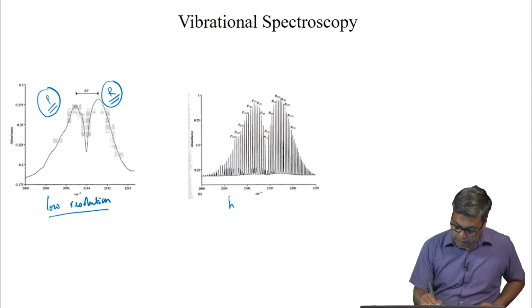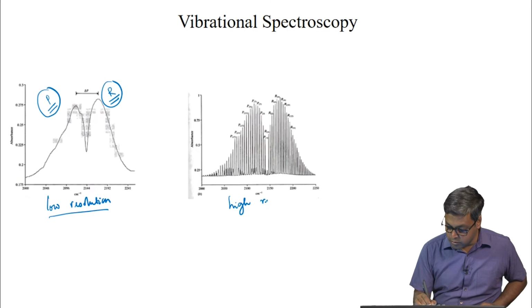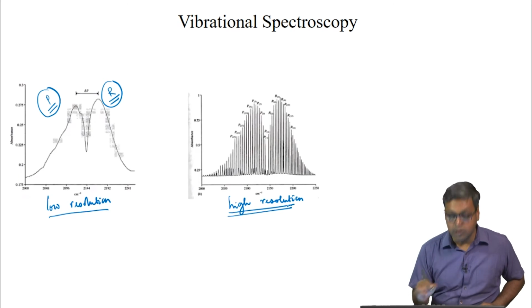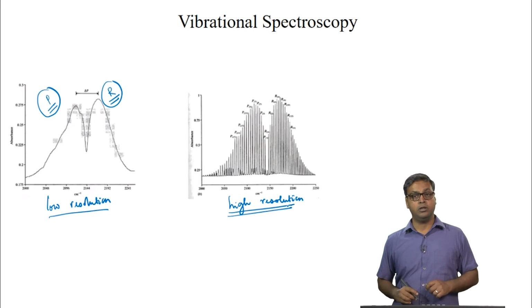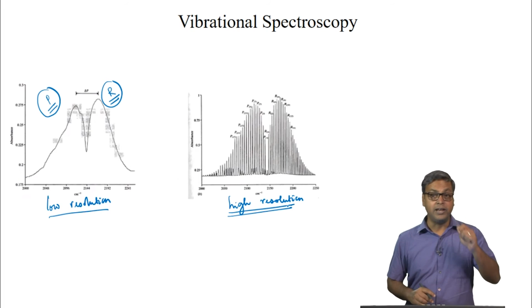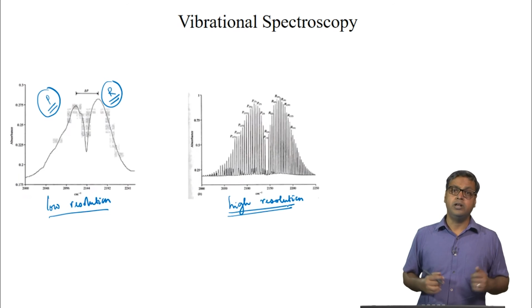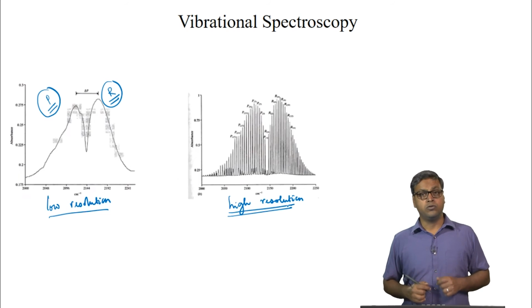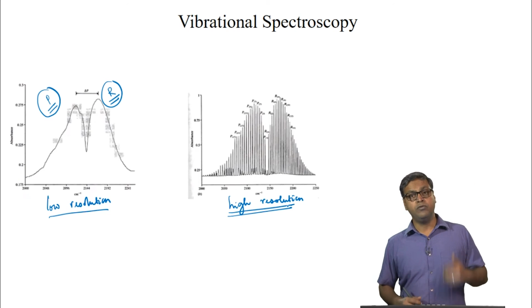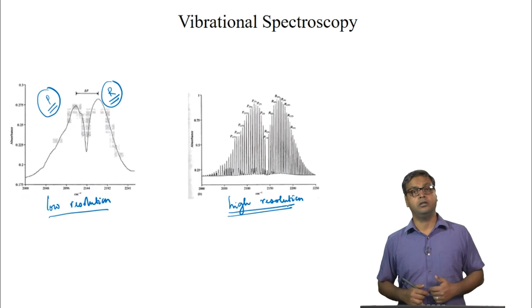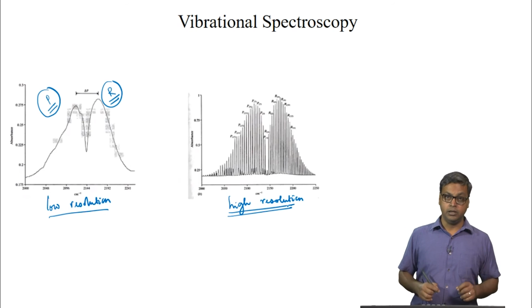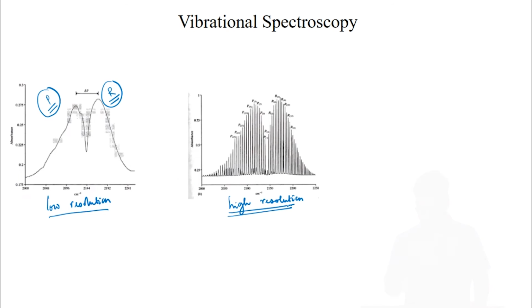But at high resolution, we have a different spectrum. At high resolution, we can see the rotational fine structure, and that these are evenly spaced lines. In the next lecture, we will continue our discussion on the vibrating diatomic rotor. So, we will end this lecture by solving a problem.